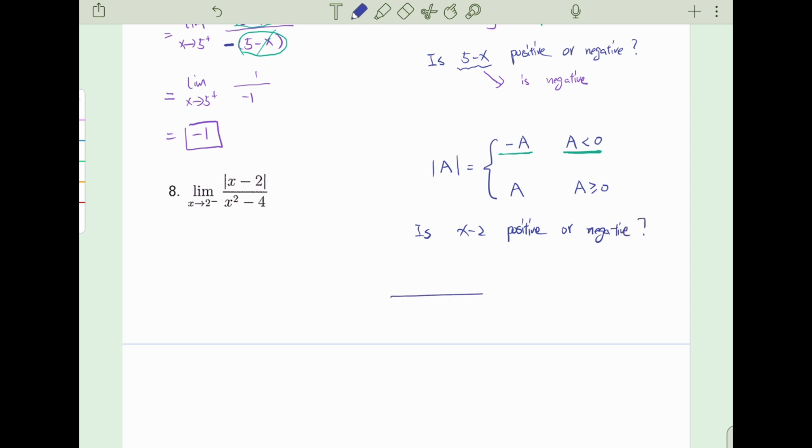Draw the number line here. This is 2, right? And the limit sign here says that x approaches 2 from the left side. That's 2 minus. Okay, so your point was here, x, and you're getting closer and closer to 2 from the left side.